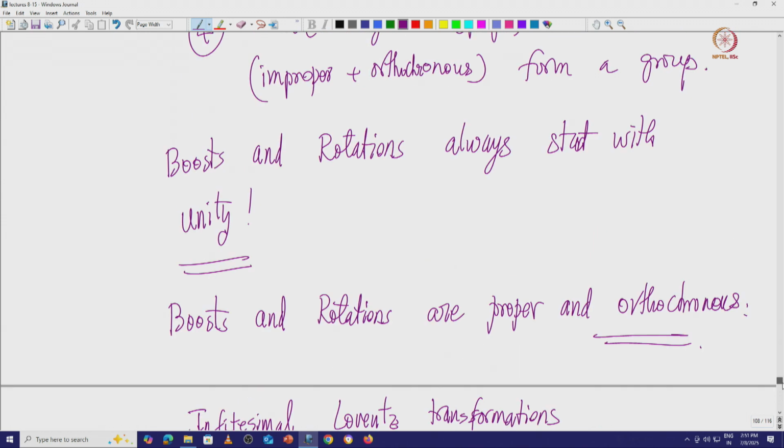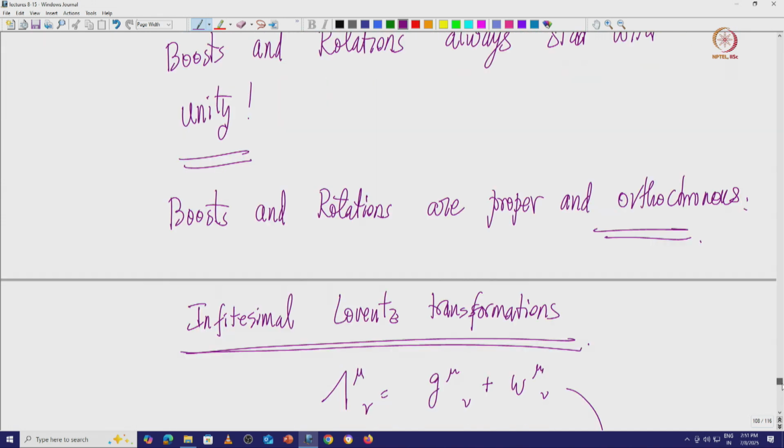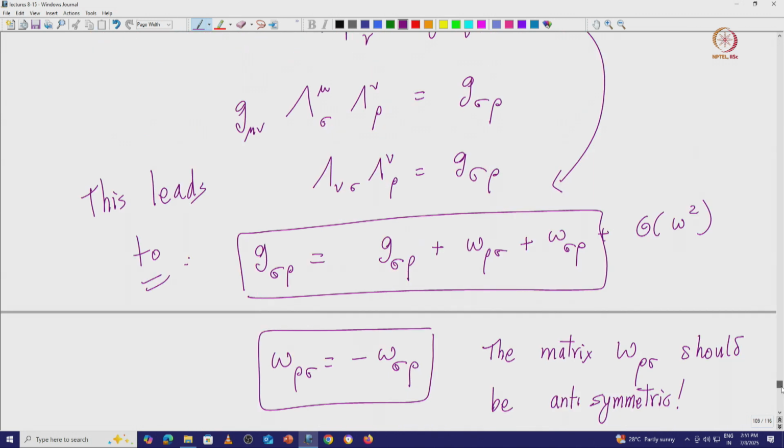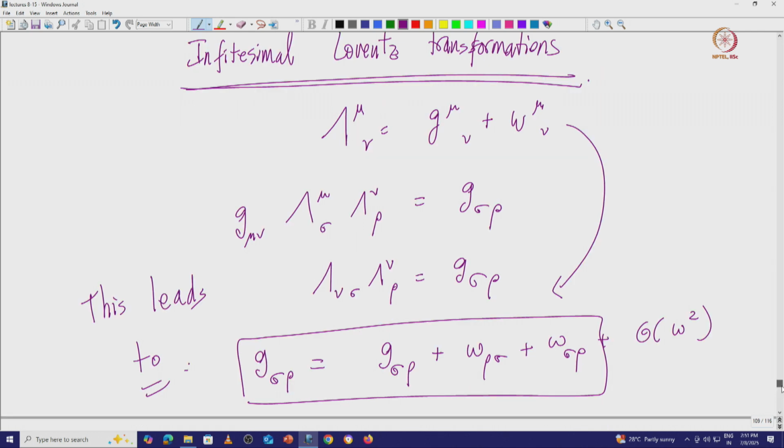With this background, we started looking at boosts and rotations. They are proper and orthochronous transformations of the Lorentz group. With this, we started looking at infinitesimal Lorentz transformations.